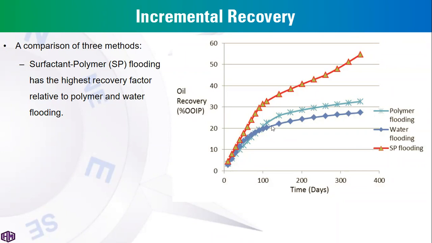This is the traditional water flooding as a secondary recovery against the polymer flooding, which is a chemical enhanced oil recovery technique to control the mobility ratio and decrease the mobility of water, and accordingly increase the mobility of the residual oil or the remaining oil. And then this is the surfactant polymer flooding, which shows the highest achieved oil recovery.